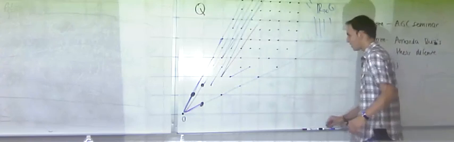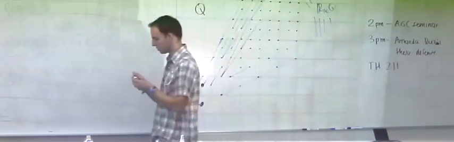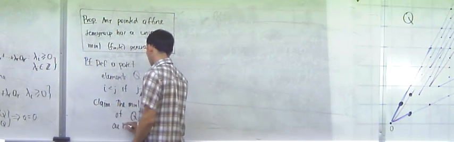And what is it that I want to say here? What I want to say is, so claim: the minimal elements of this poset minus 0 are the minimal generating set.